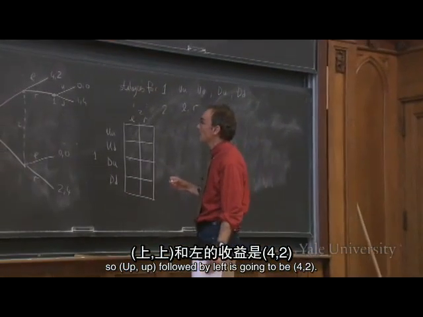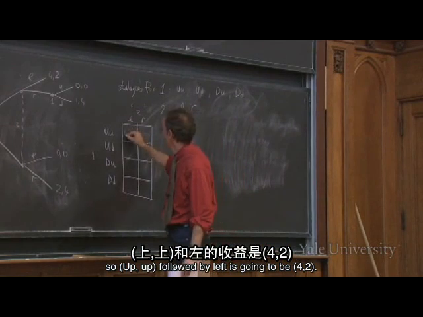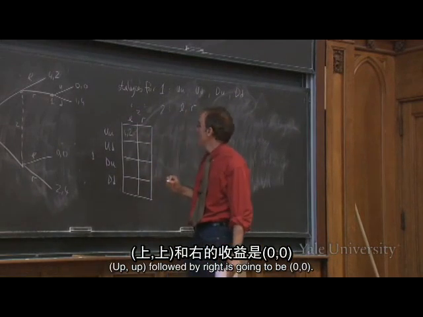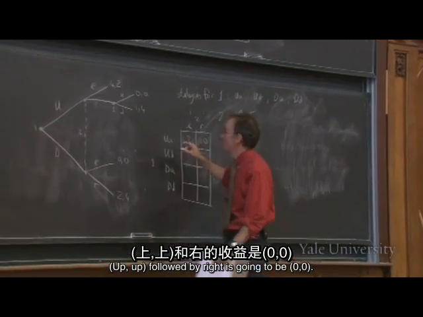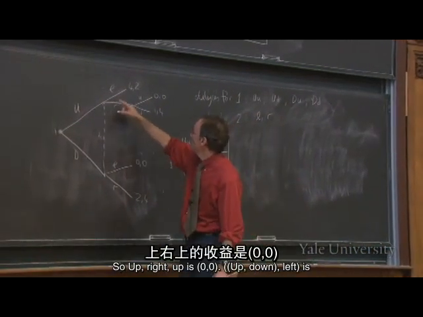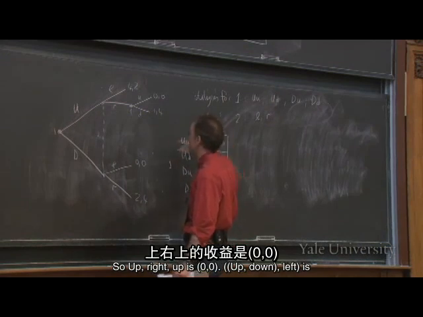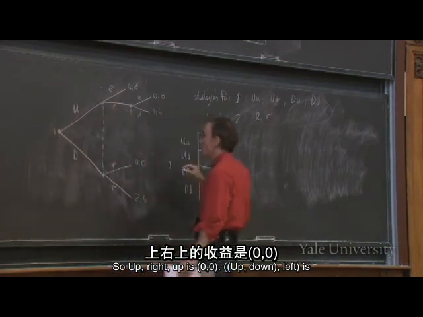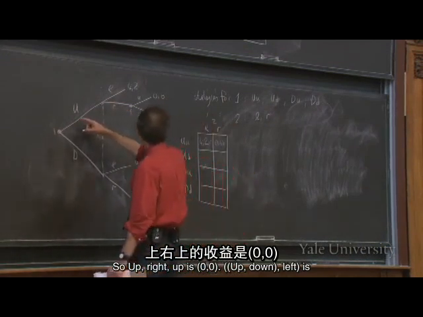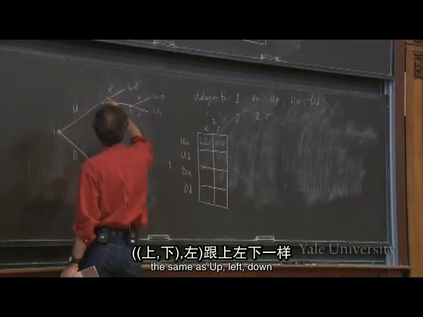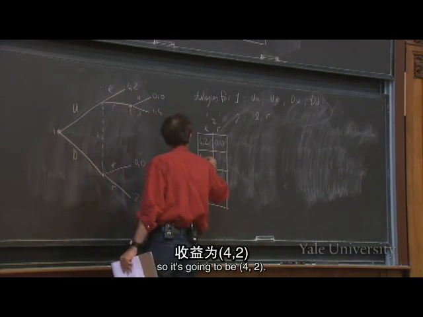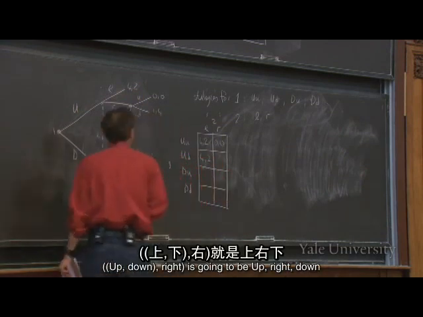So up, up, followed by left is going to be 4, 2. Up, up, followed by right is going to be 0. So up, up, right, it's pretty easy to think of as up, right, up. So up, right, up is 0, 0. Up, down, left is the same as up, left, down. So it's again 4, 2.